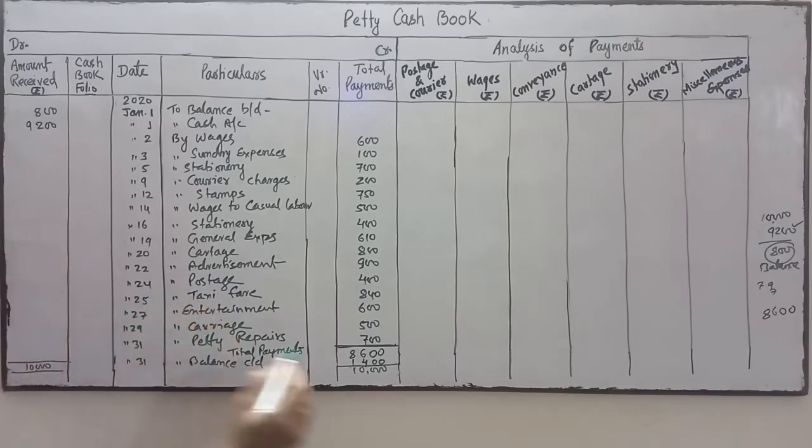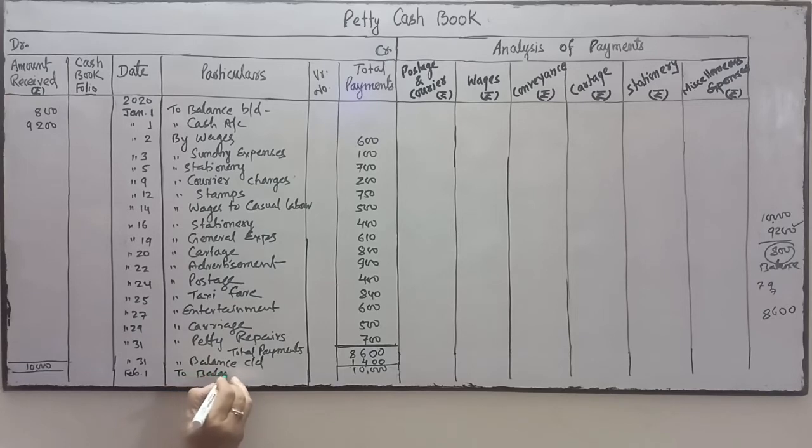This 1,400 balance will be brought down on the first day of the next month, February 1st, to balance brought down. On this side we will write 1,400. And on the same day we will take the cash from the head cashier.